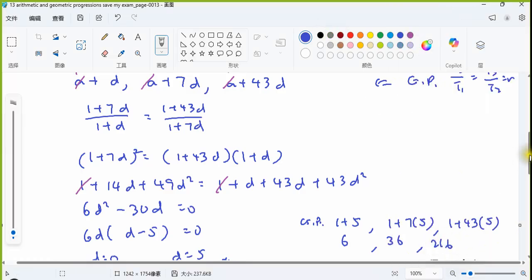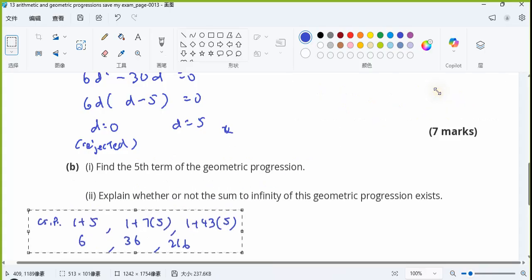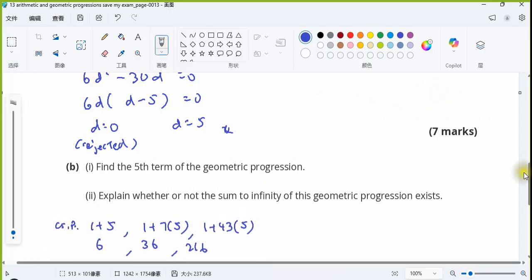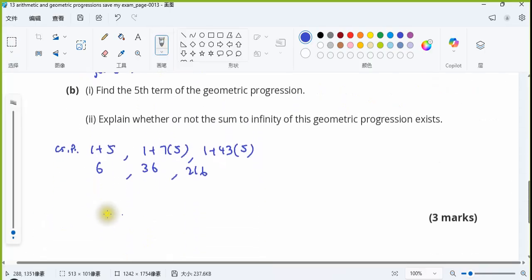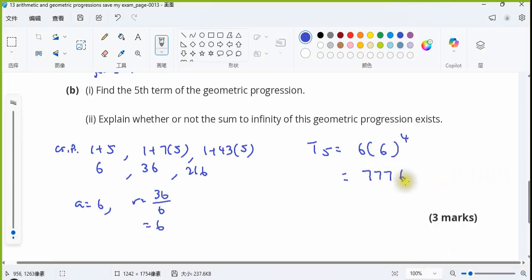Okay, so this is the GP. For this GP, A is 6, R is 36 over 6, 6. So the fifth term will be 6 times 6 to the power 4. Okay, so we have 6 to the power 5 here, then 7776 is the answer.